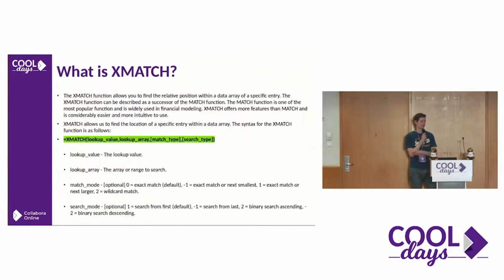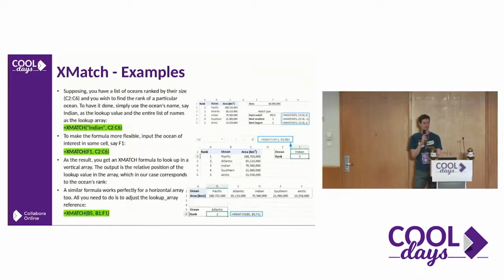So let's check the XMatch function. The XMatch function is basically offering the same options as the XLookup function. The difference is that it returns the relative position of a value in a range. It also offers many options, and all the options are available here as well, like in the XLookup function.